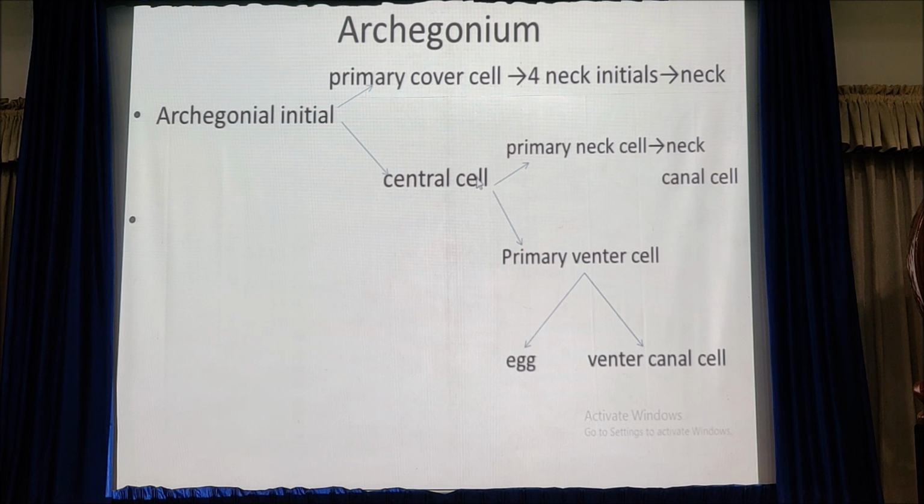The central cell again undergoes periclinal division and forms a primary neck cell and a primary venter cell. This primary venter cell divides and forms an egg cell and a venter canal cell.